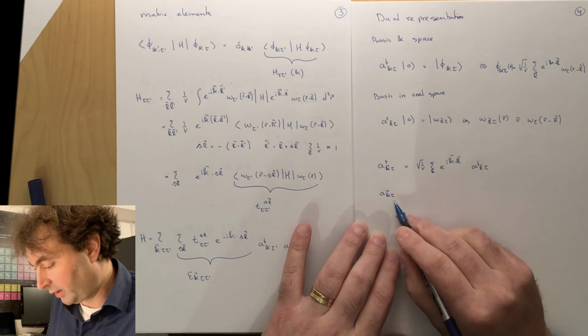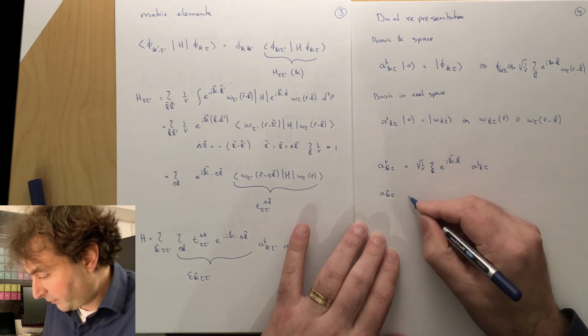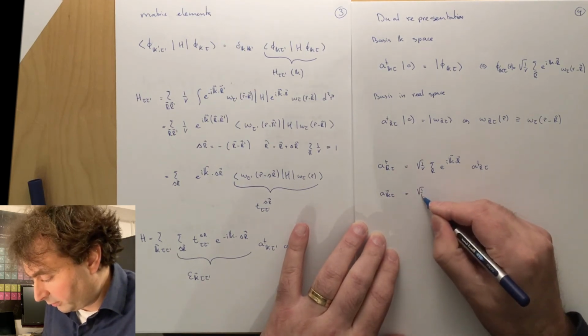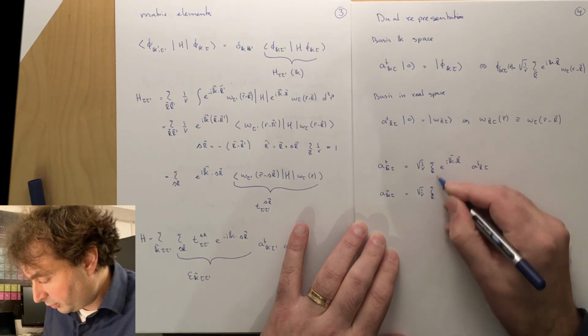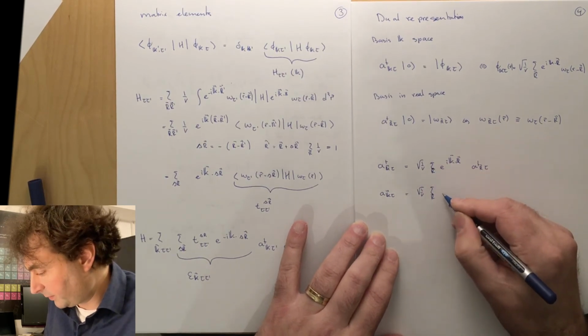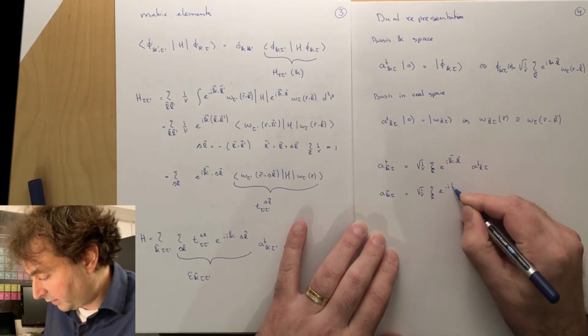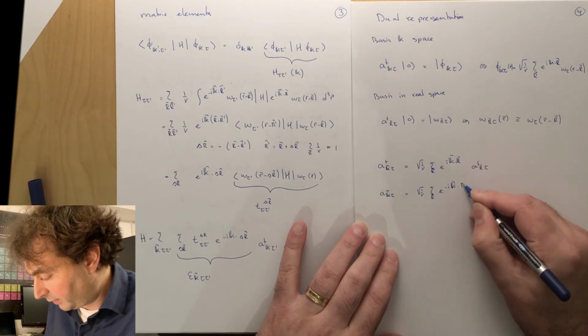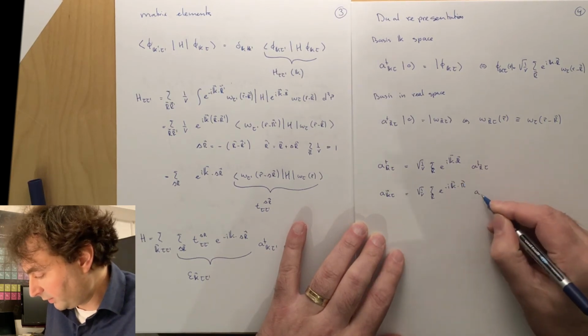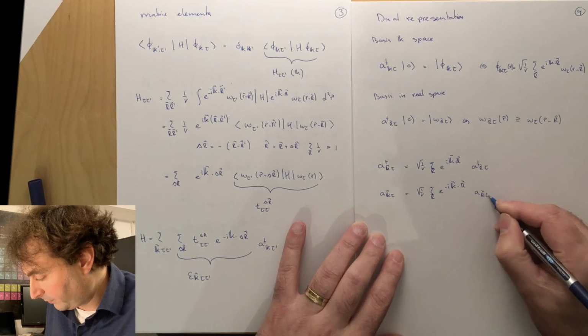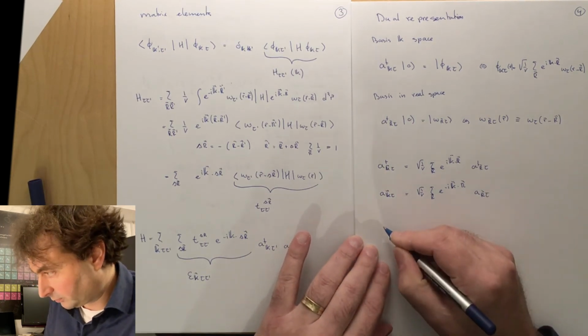And of course we can then take the Hermitian conjugate, so annihilating a Bloch wave function with wave vector k and quantum number tau is equal to 1 over square root v, the sum over all lattice vectors e to the minus i crystal momentum k dot r, and then annihilating that state.